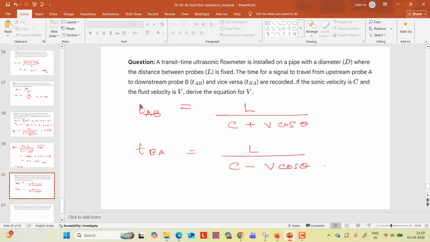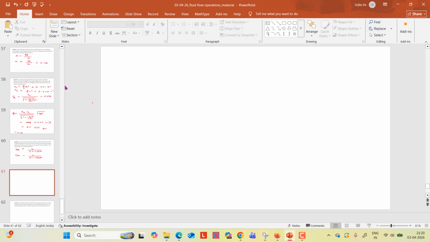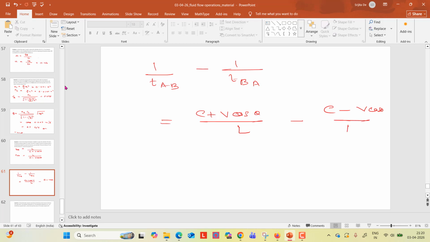Okay. So if we calculate the reciprocals of this, 1 by TAB minus 1 by TBA, it will be (C plus V cos theta) by L minus (C minus V cos theta) by L. So it will be 2V cos theta by L. And now the velocity will be from the geometry.